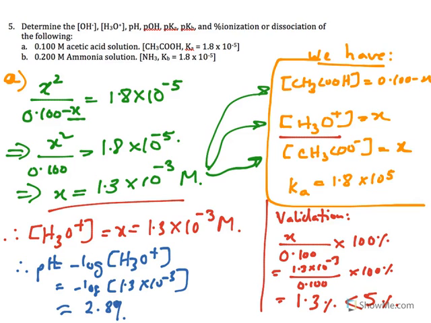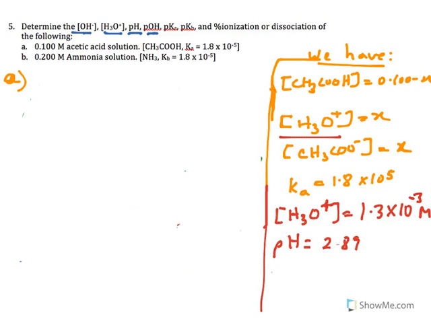Now that we have the pH and the H3O+ ion concentration, we can figure out the OH- concentration as well as the pOH. Now we know that pH plus pOH is equal to 14.